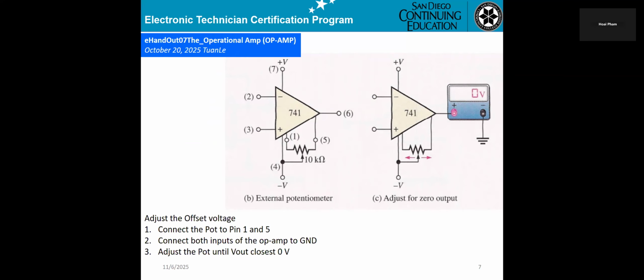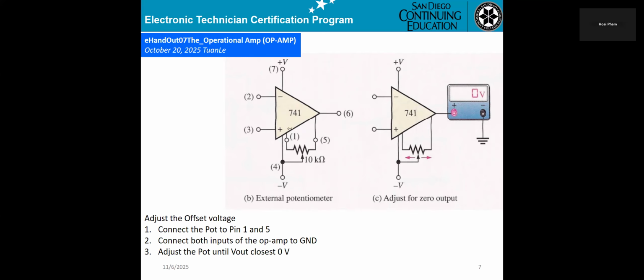Now, how can we adjust the offset? This one you're supposed to be doing in the lab. Adjust the offset voltage. Connect the pot to pin 1 and 5.